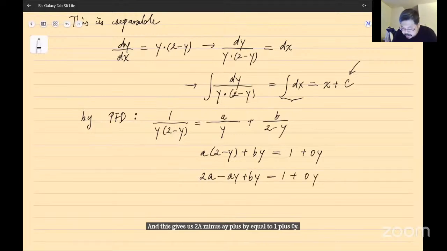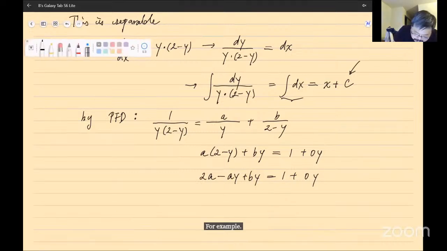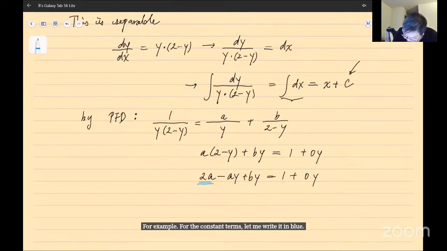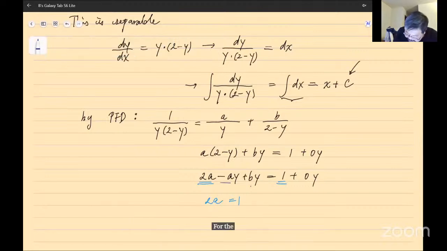Why am I writing like this? It's because we can match the powers of y to solve for a and b. For example, for the constant terms, let me write it in blue, 2a, this has no y's in it, it has to equal the number 1. So we get 2a is equal to 1. For the terms that have y's in it, that has to equal the 0y.